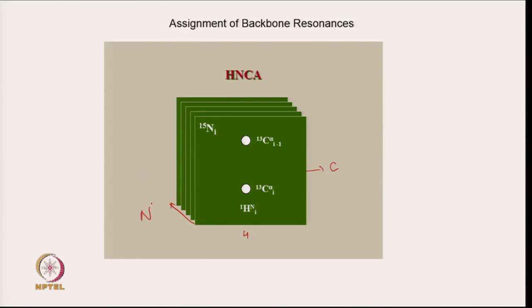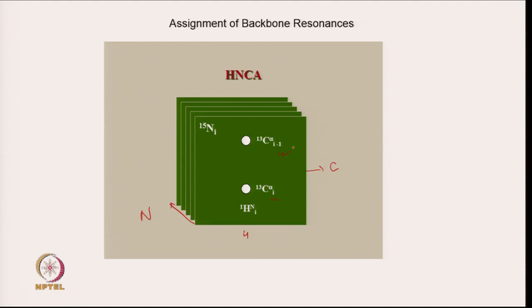For one value of N, basically one value of nitrogen chemical shift, you can look at how proton and carbon are correlated. So, the proton will be correlated with 13C alpha of the ith amino acid and 13C alpha of the I minus 1 amino acid.